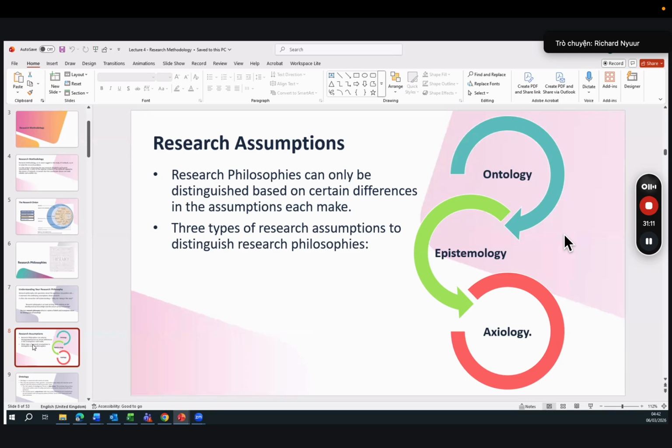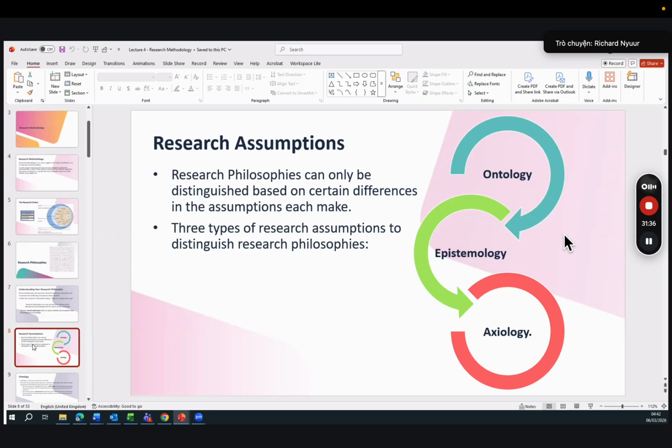So for every researcher conducting a particular research, their assumptions in terms of what constitutes good knowledge, reliable knowledge, will influence the approach they take to designing their methods of collecting data and analyzing the data.